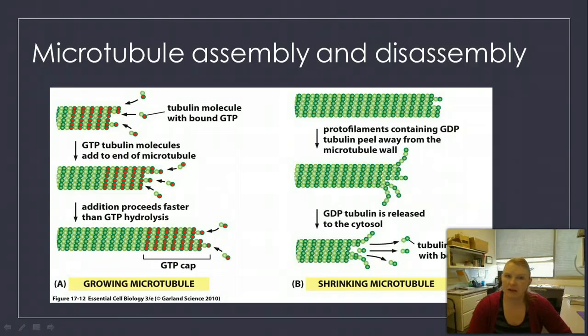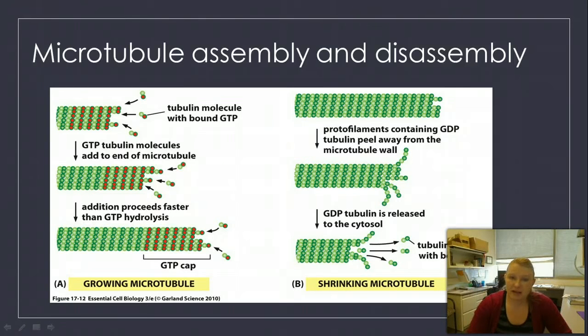It's not going to be hydrolyzed into GDP like we normally see energy use being dealt with. So they all just stack on, and we end up with this GTP cap on a growing microtubule. Now, if this microtubule joins to something, another structure within the cell, for instance, it may just stay assembled, especially if it's something that's going to connect all the way across the cell for transport.